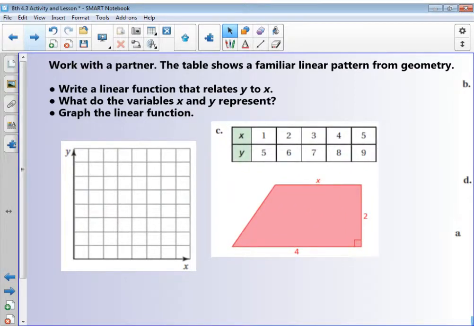Okay, letter C. It looks like we've got a complex shape here. So for letter C, we've got our information. It looks like our x's are going 0 through 5, and our y's are going up by 1, starting at 5.